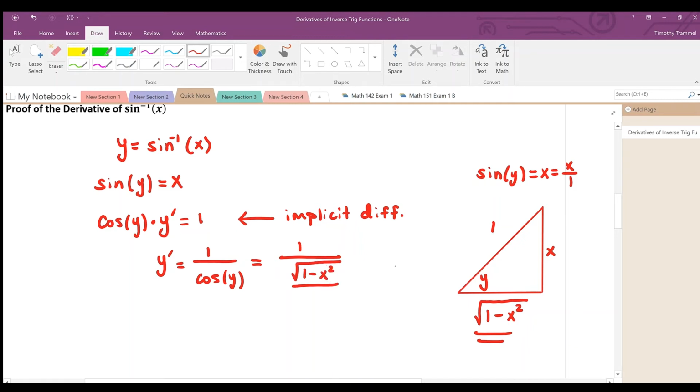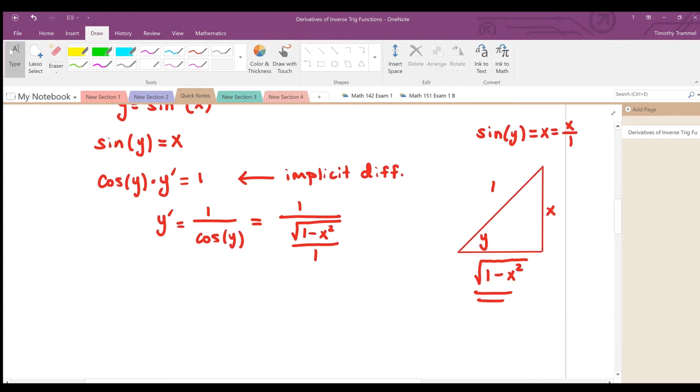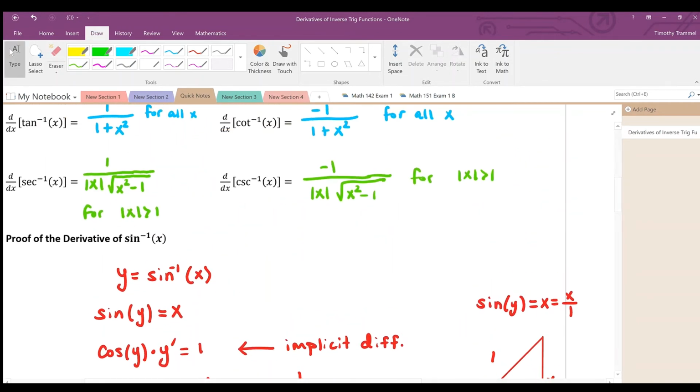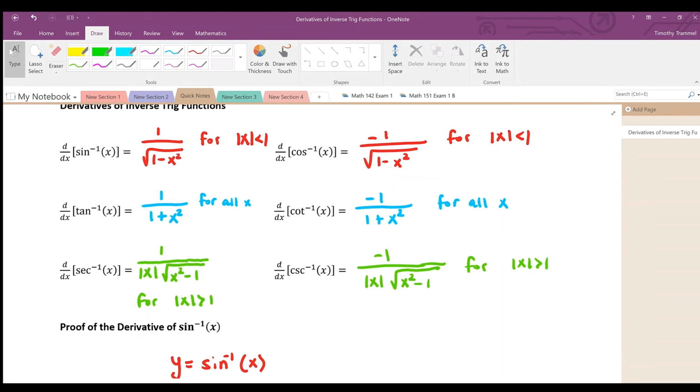And we divide it by the hypotenuse, which is 1, then we finally get that the derivative is just equal to 1 over the square root of 1 minus x squared. Okay. And this matches our results up here, where we have the derivative with respect to x of sine inverse of x is just equal to 1 over the square root of 1 minus x squared.